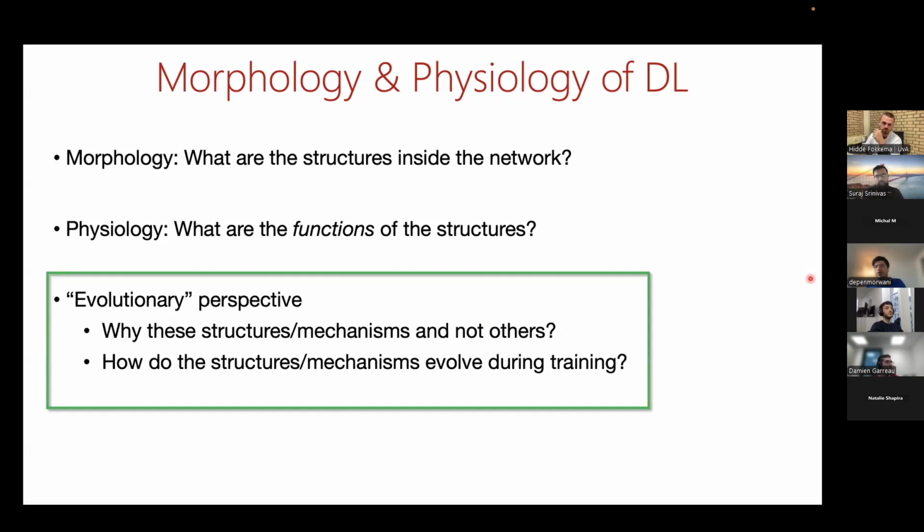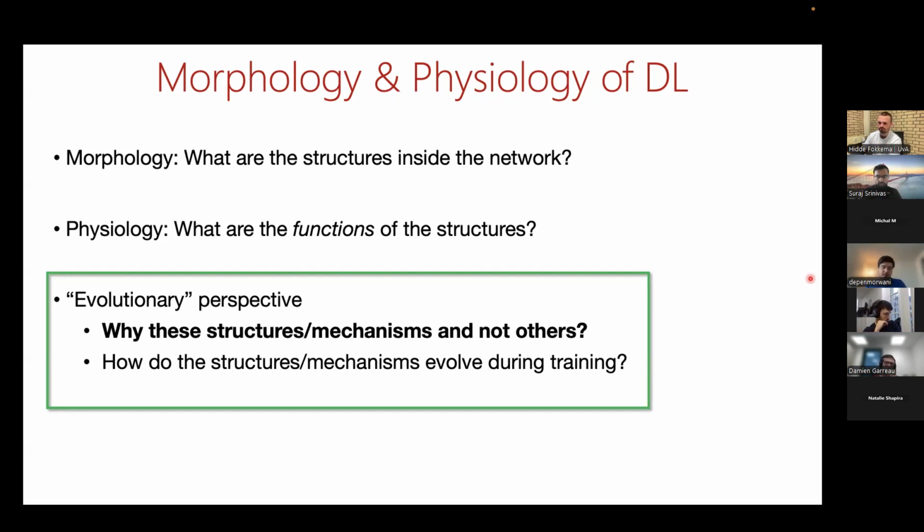We have not really tried to answer why these particular structures come up. Also, we don't know how these structures evolve during training. Most of these works are missing the evolutionary perspective for the structures which come up in a trained net. So this is going to be the main focus of this work.